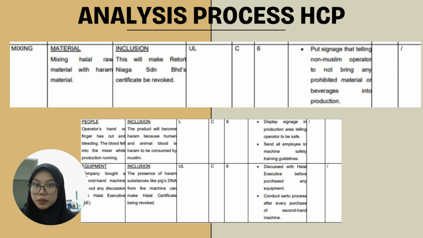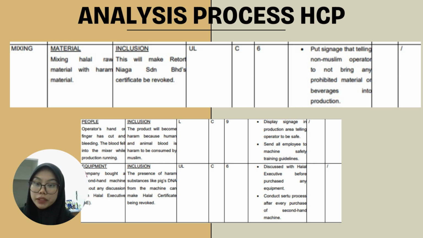The likelihood will be unlikely and the severity will be critical if this happens, so the risk ranking will be six. To avoid this, we need to put signage telling non-Muslim operators not to bring any prohibited material or beverages into the production. So the halal control point will be no.